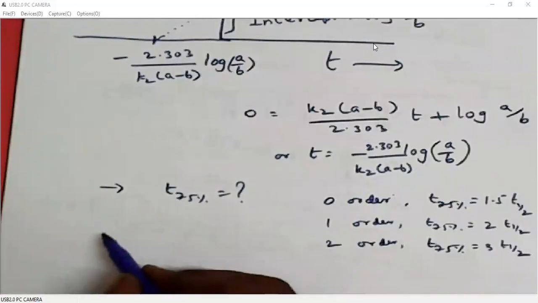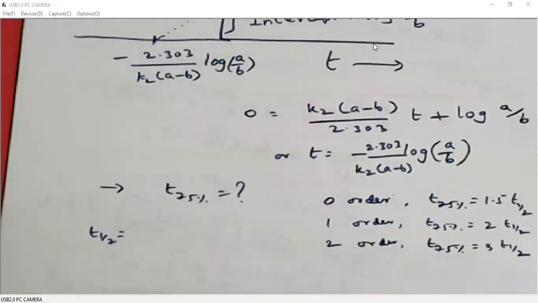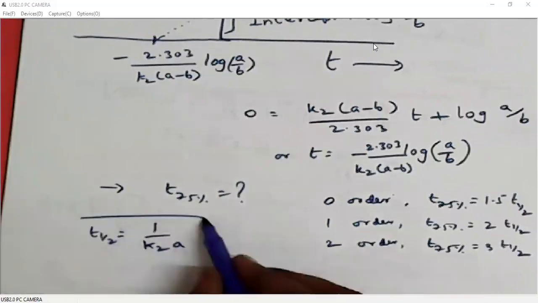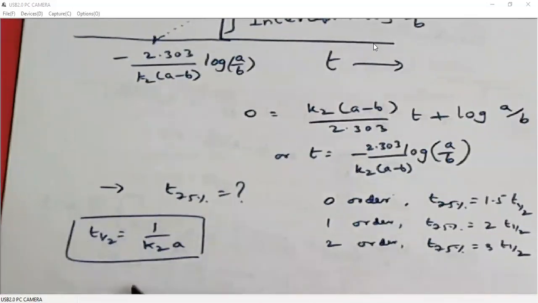Right. What is the expression for half-life of a second order reaction? T half of a second order reaction is given by 1 by K2 into A. Now, if we want to calculate T 75%, what does it mean? It means the reaction is 75% completed.